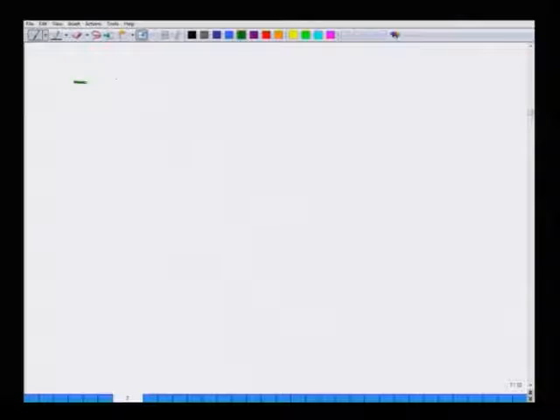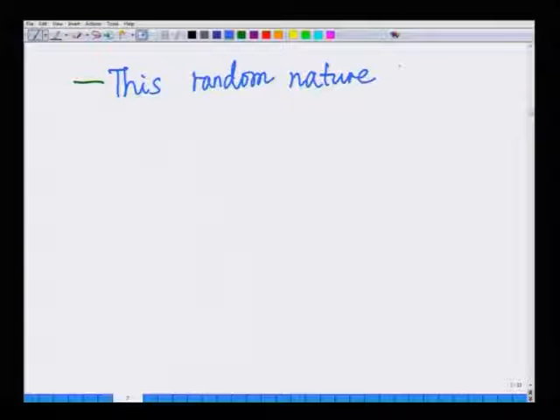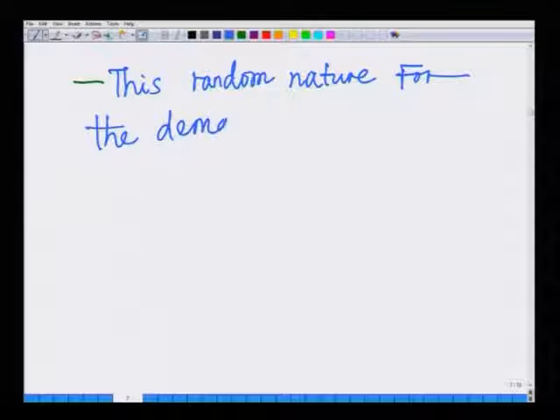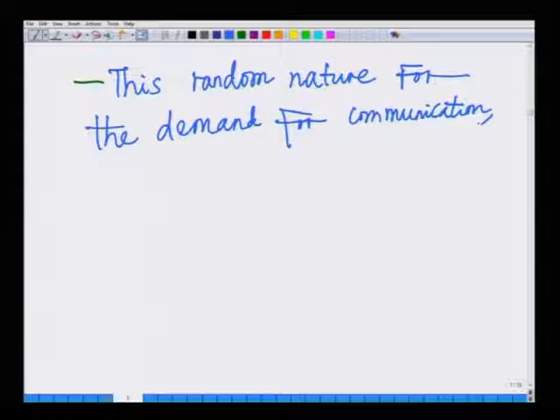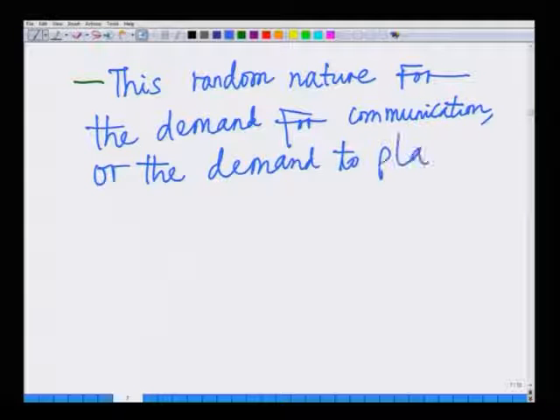Hence, this random nature of the demand for communication, or basically the demand to place a call, is exploited by statistical multiplexing.